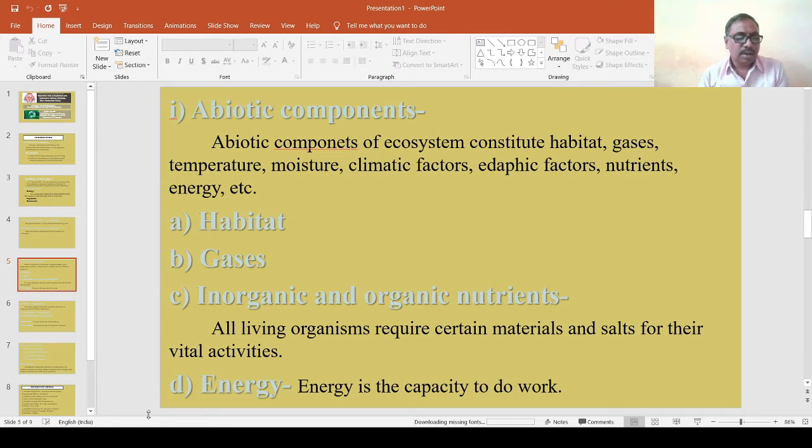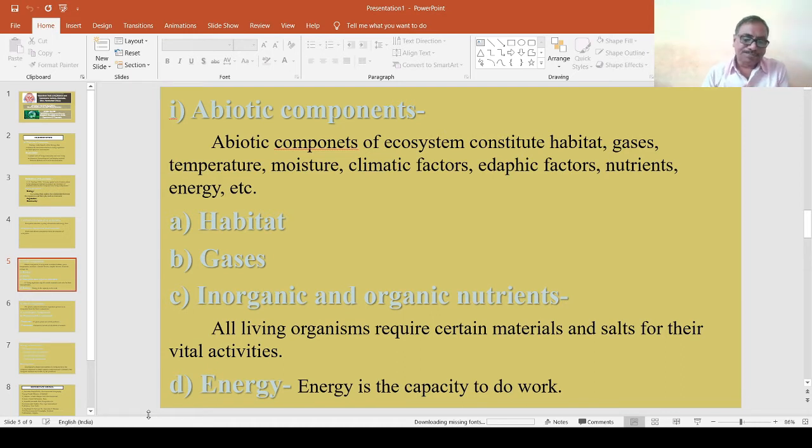In this way, habitats differ from place to place. There are two major habitats. These are terrestrial habitat and aquatic habitats. Terrestrial habitat includes soil or land, and it is the major element. Aquatic habitat is where the water body is an important factor.